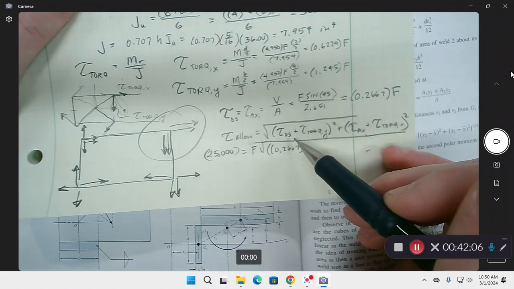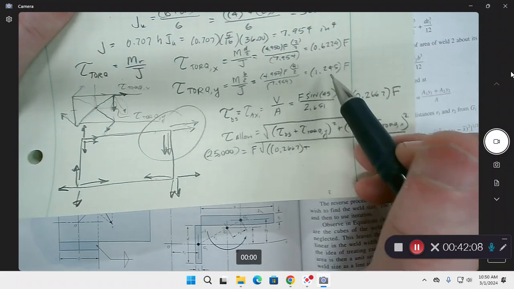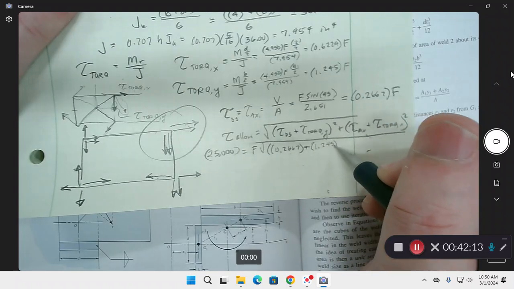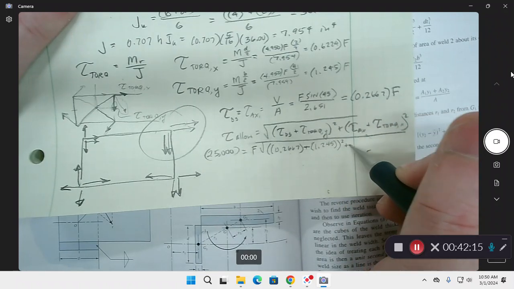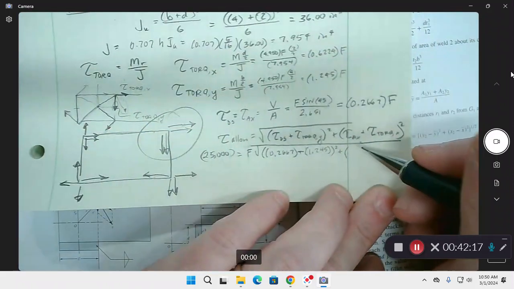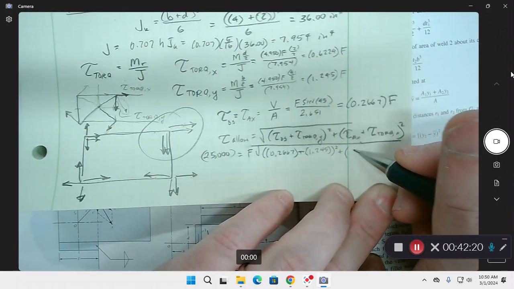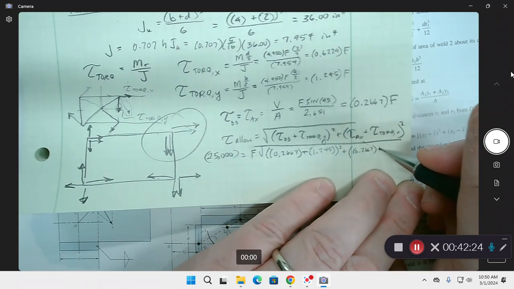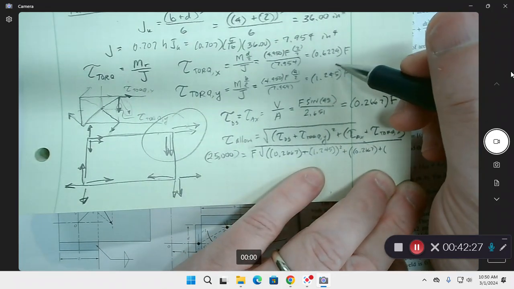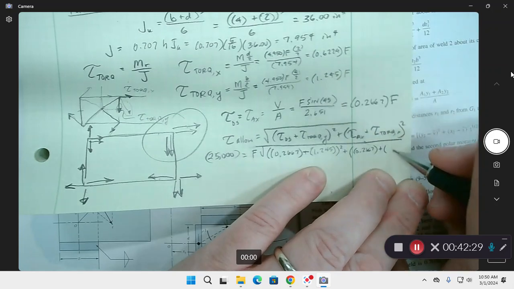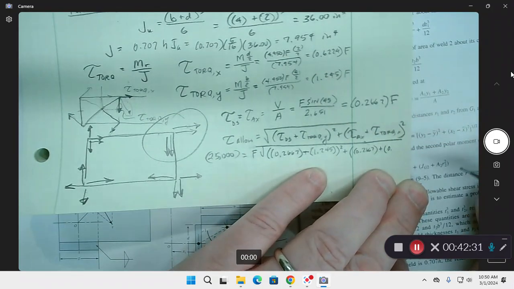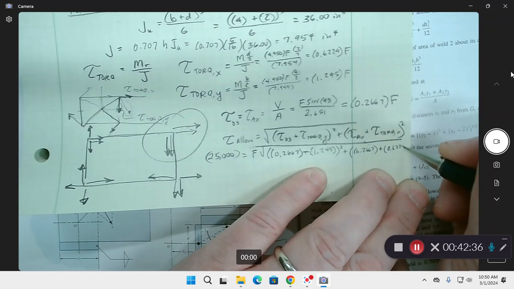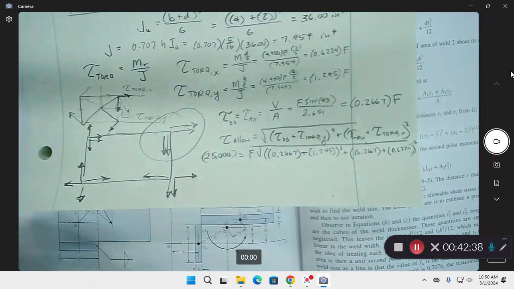This is the direct shear, which goes with the y, so this is the 1.245 squared plus the 0.2667 plus, and this should be the other one, 0.622 squared. All right.